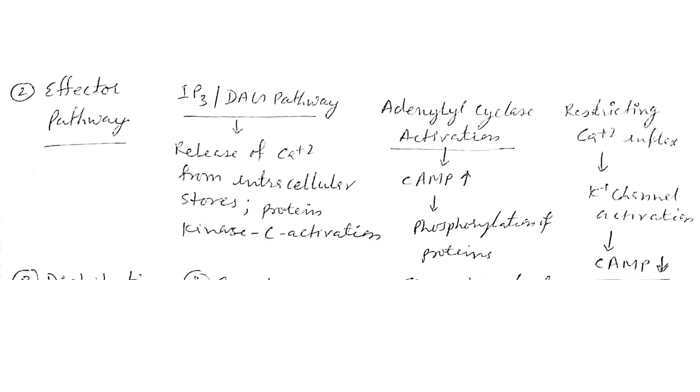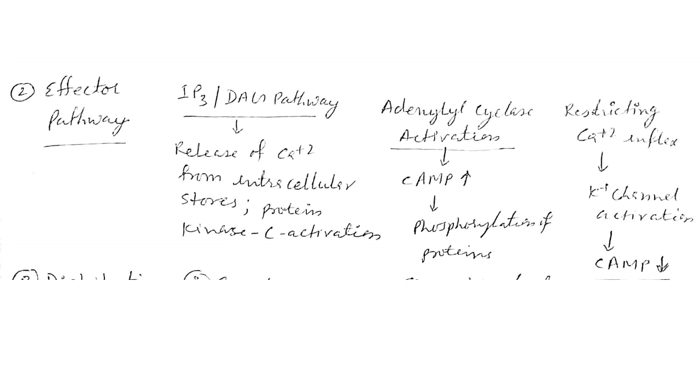Calcium ions will be released intracellularly, and we know calcium ions are responsible especially for the contraction of cells in our body. They are also responsible for protein kinase C activation.